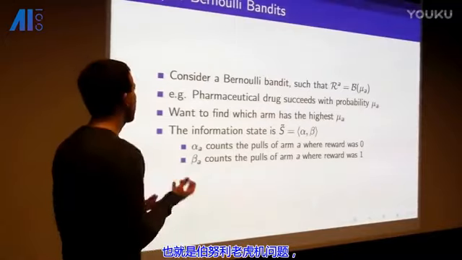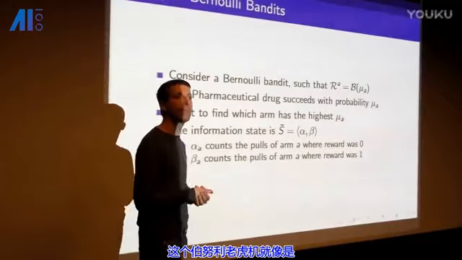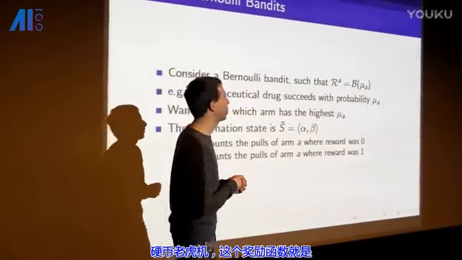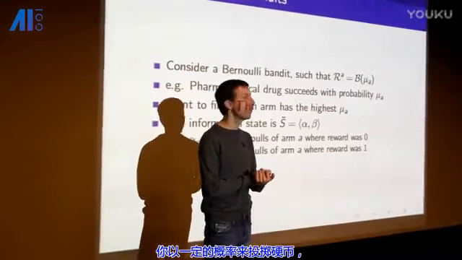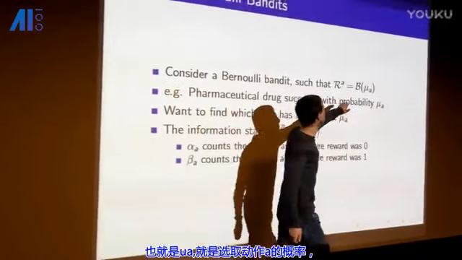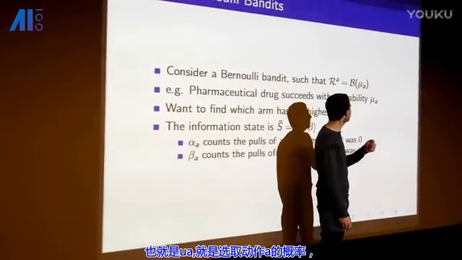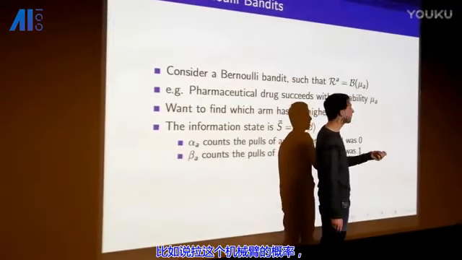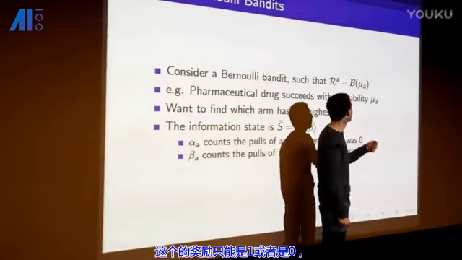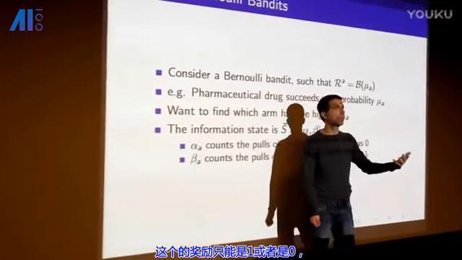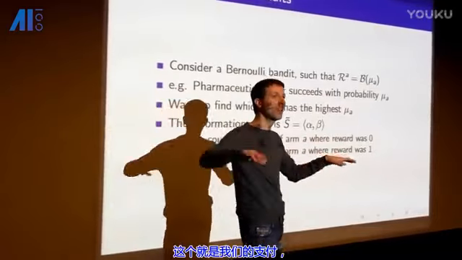So let's consider the simplest case. Let's consider Bernoulli bandits. A Bernoulli bandit is basically a coin flip bandit, where you flip a coin, and with some probability mu A, for action A, like the left lever, there's some bias to that coin that tells me if I'm going to get a reward of 1 or 0. So with probability mu A, I'll get a reward of 1. Just like a coin flip with some bias. Or we could think of this as our machines with the octopus again.